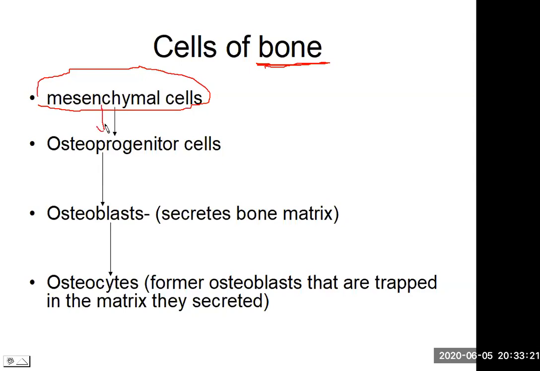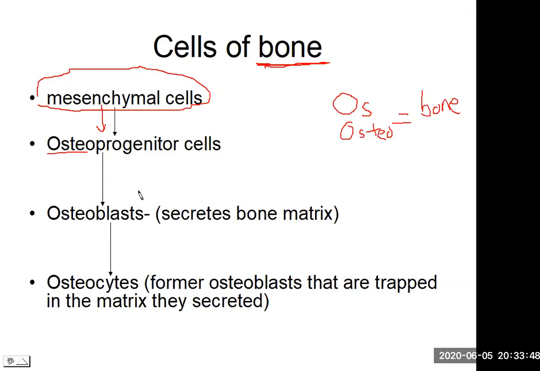They'll develop into what's called an osteoprogenitor. And anytime we see that prefix, os or osteo, these pertain to bone. So os or osteo means bone. So now this osteoprogenitor cell can only give rise to distinct bone cells.